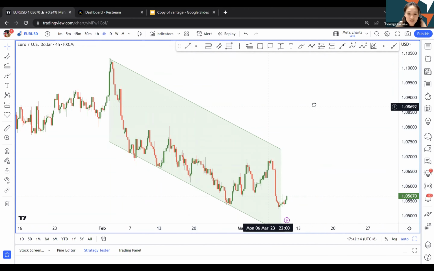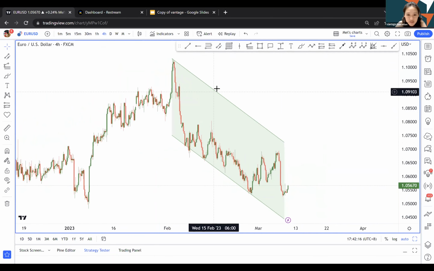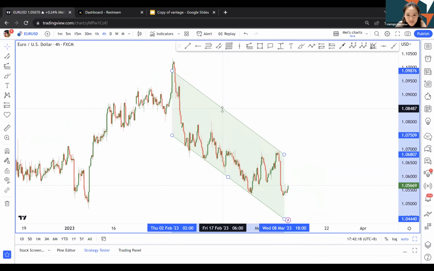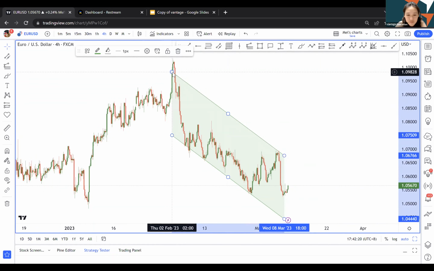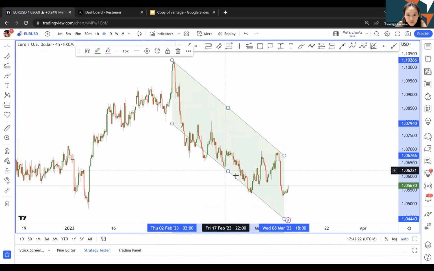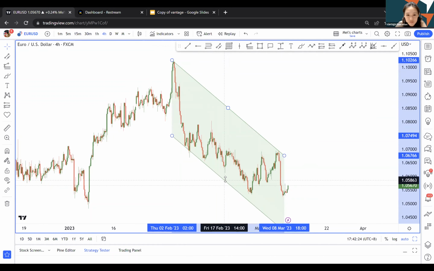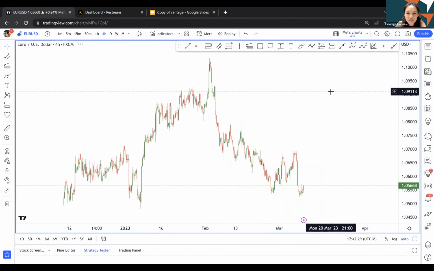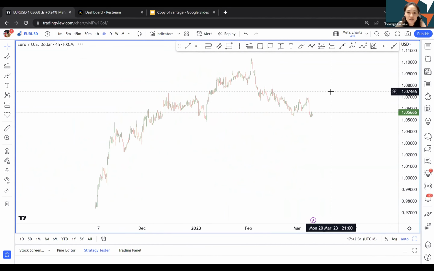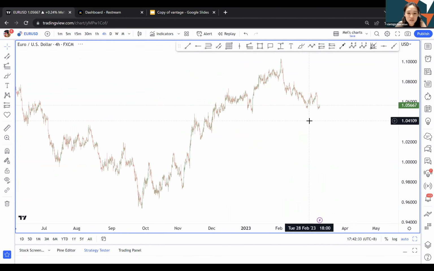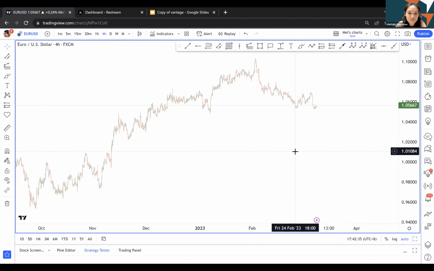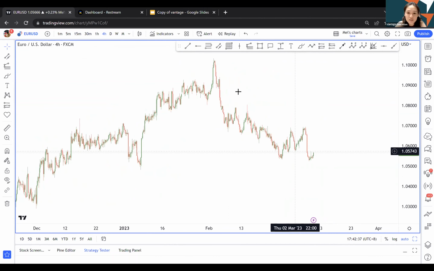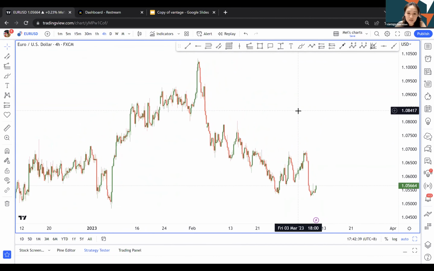Or maybe not. But we can see price is moving in a descending trend line. We can see price is heading downwards.